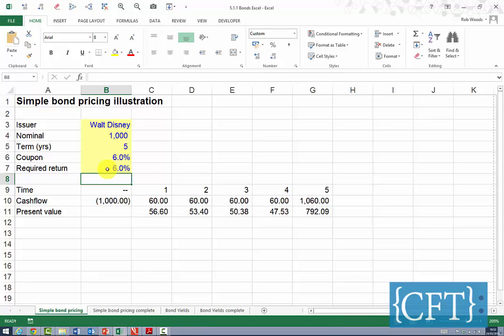That's not 6% of the 1,000 I paid for it, that's 6% of the 1,000 nominal value. However, they happen to be the same thing, so my yield, my return, is indeed 6%. So again, just to reiterate, what we are plugging in here is the yield to maturity, which is something we're going to come on to very shortly.